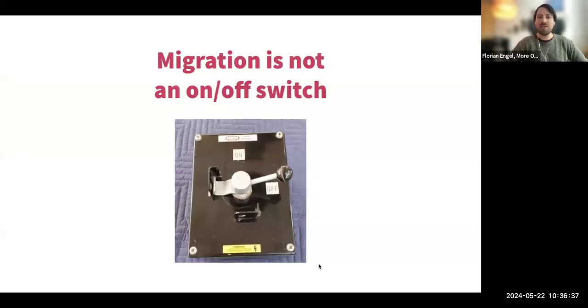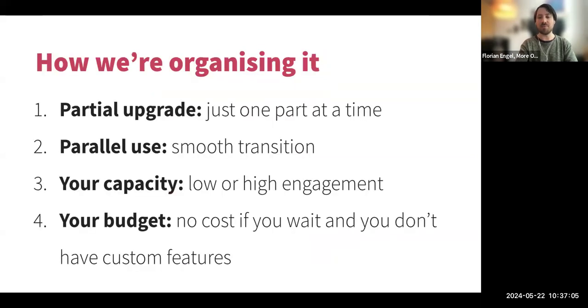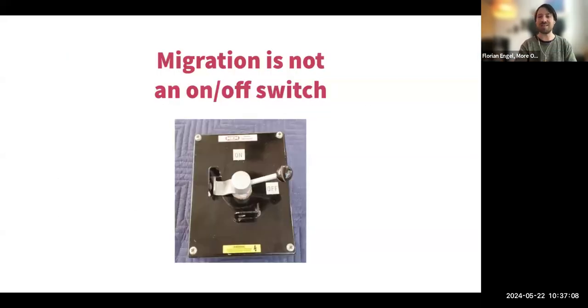Now, migration is not an on and off switch. In the past, we've been talking about migration a little bit like there will be this one point where everything is new and where you as an organization will have the next generation of Impact Stack. But the more we've been working on it and the more we've been learning from pilot projects and migrating the first organizations and working with organizations in the next generation, we actually think it's much more like a gradual transition.